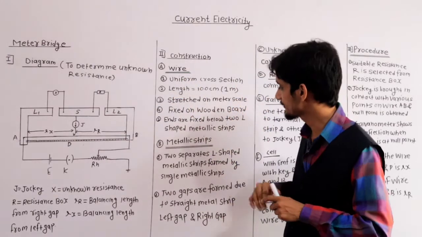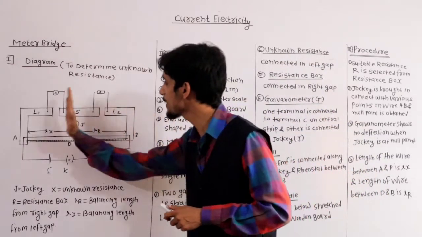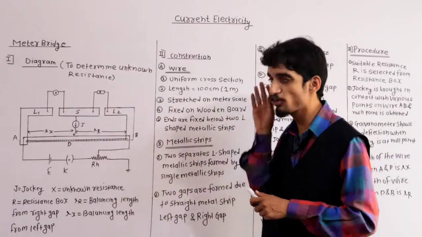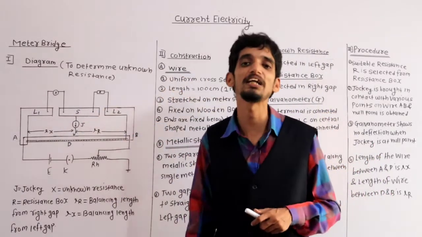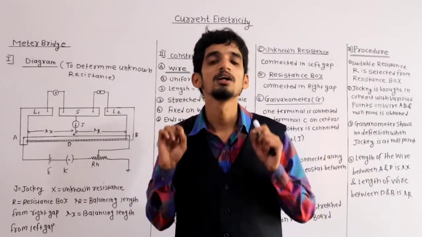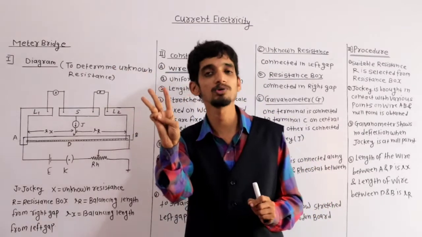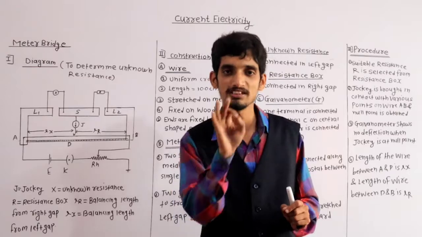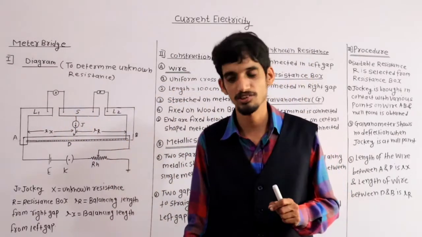Okay, yes. Next is the metallic strips. So two separate L-shaped metallic strips are formed due to placing of a third straight metallic strip between the two L-shaped metallic strips. So there are basically three strips, out of which the middle strip is straight and the remaining strips are L-shaped metallic strips.